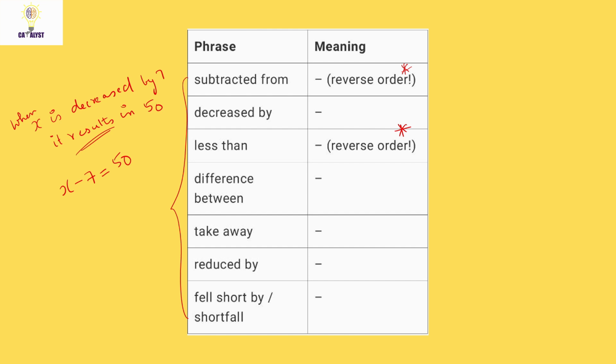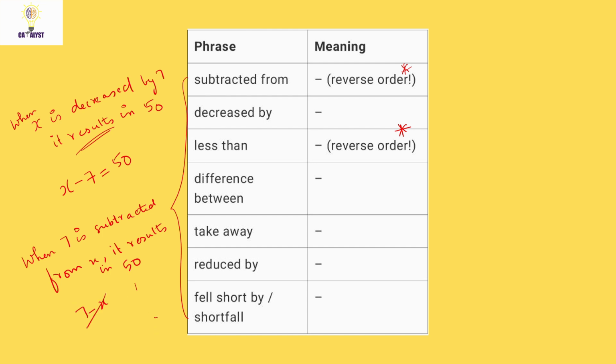But if the question was like this: when 7 is subtracted from x, it results in 50. What a lot of students do is they write 7 minus x.